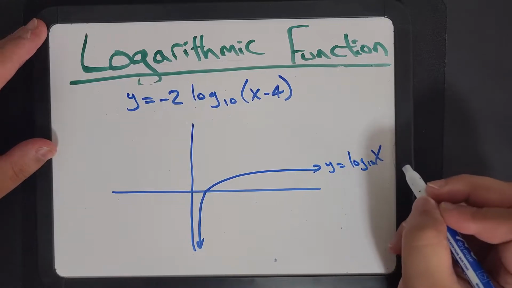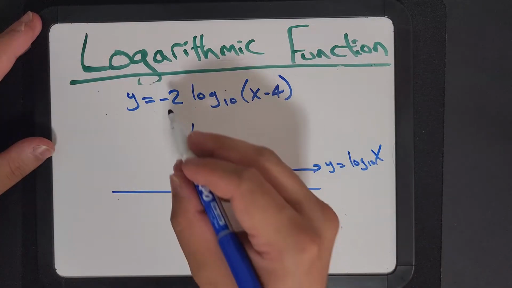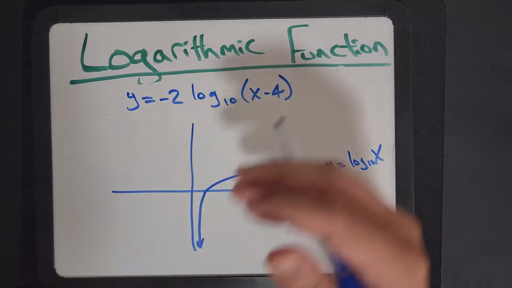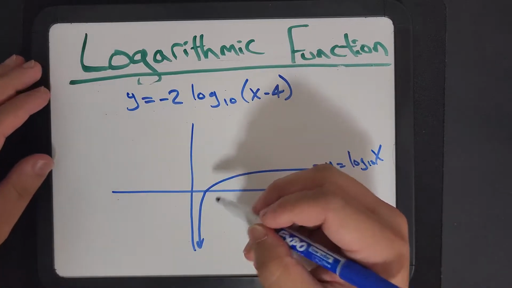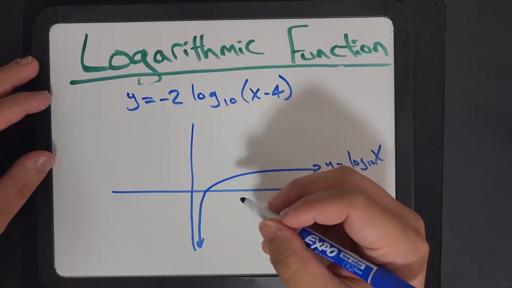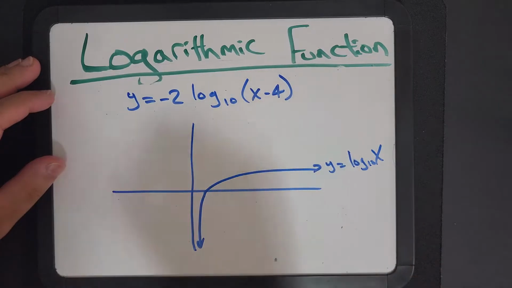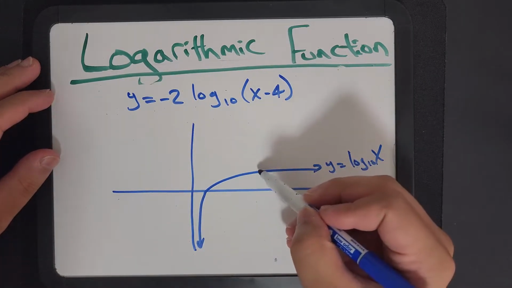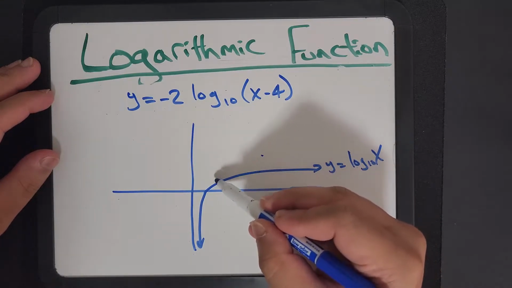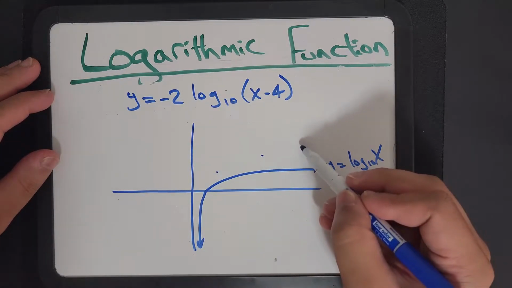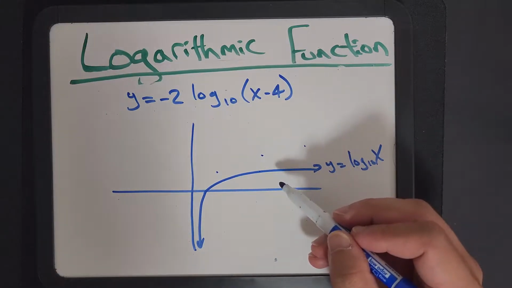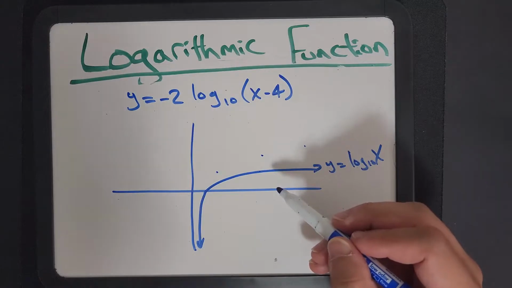Base 10 of x. But what if we applied a factor of 2? That would stretch it vertically, so say this would go here, this would go here, this would go there. Everything would just get stretched by a factor of 2.